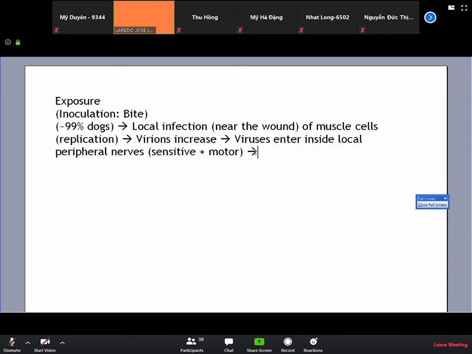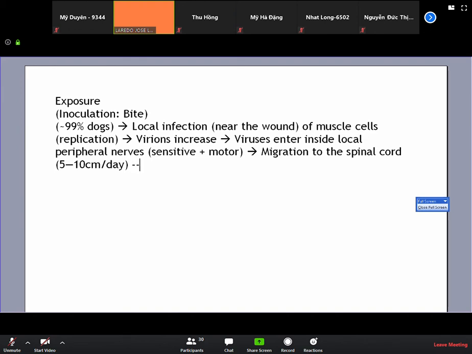What happens later? When the virus enters in the nerves, the virus travels, moves, migrates. So this is a migration of the virus to the spinal cord. Very slowly. The virus moves around 5 to 10 centimeters every day. So very slowly.